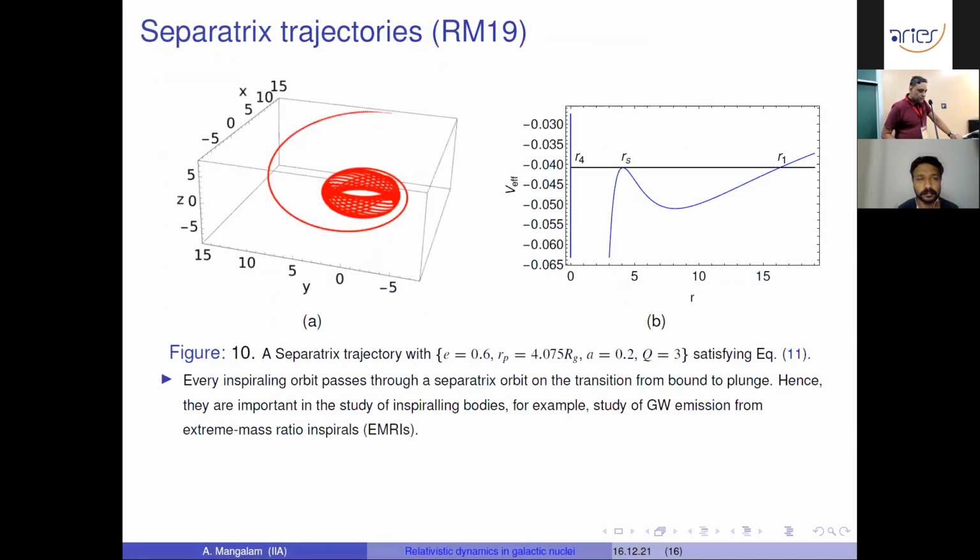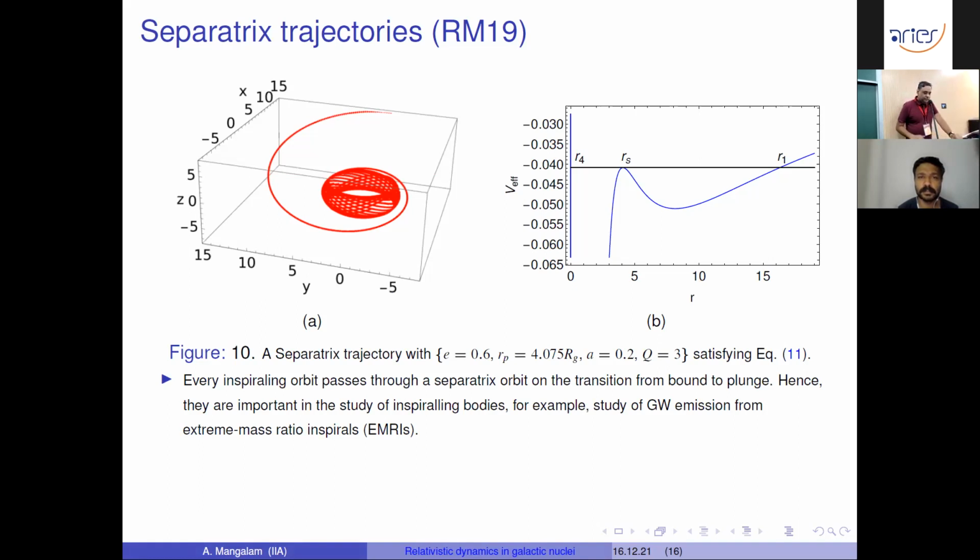So what happens for these separatrix trajectories? That's the red line. Any one of those orbits has a very peculiar situation where you have an orbit that comes in from infinity and then it spirals around in the torus.